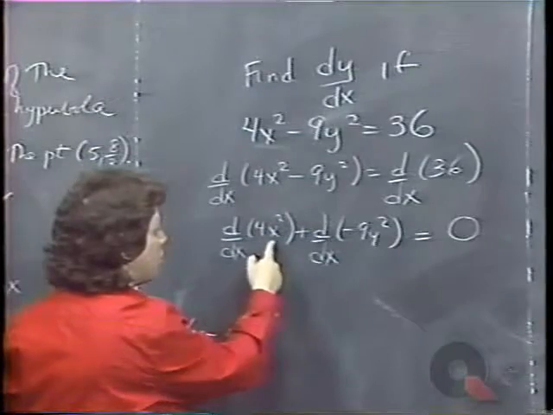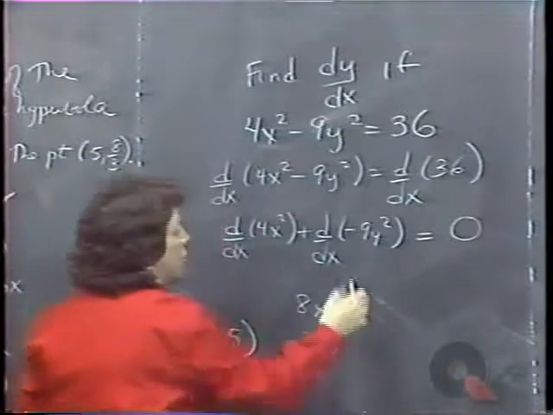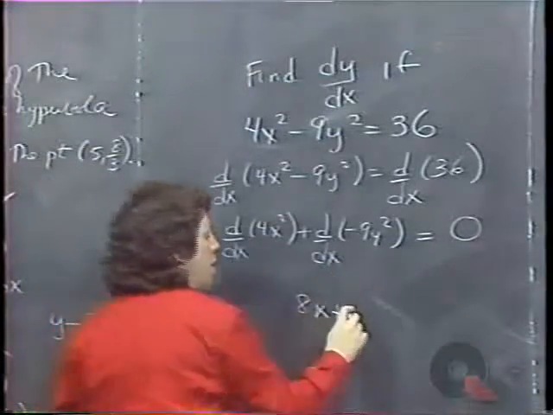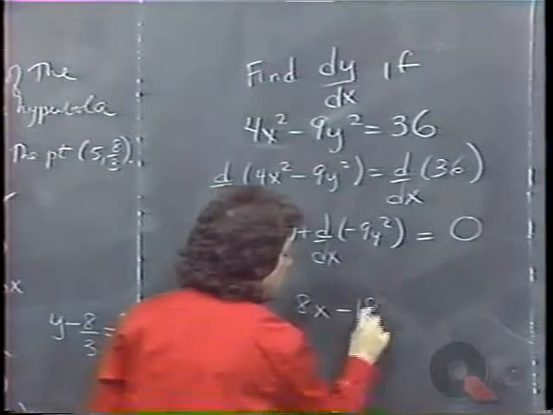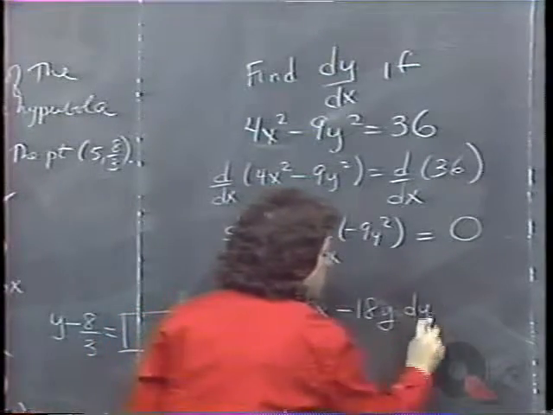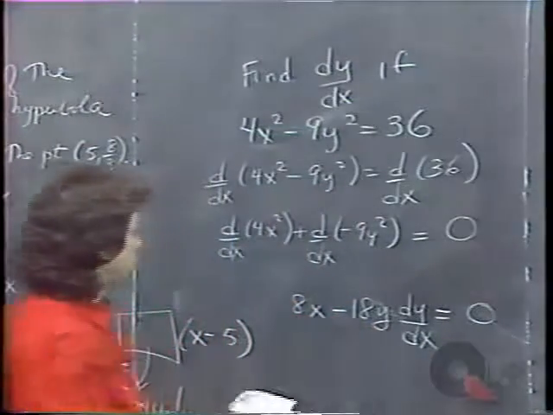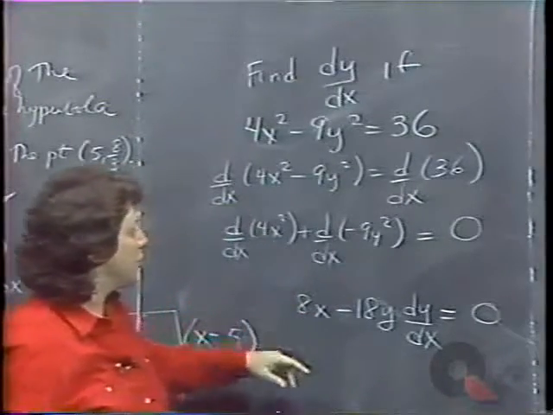Well, the derivative of 4x squared with respect to x is simply 8x. The derivative of minus 9y squared with respect to x would be minus 18y times dy/dx, equals 0. Okay, I've done in one step rather what we did last time in 2 steps.